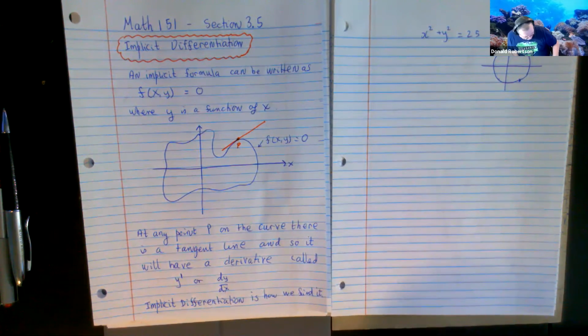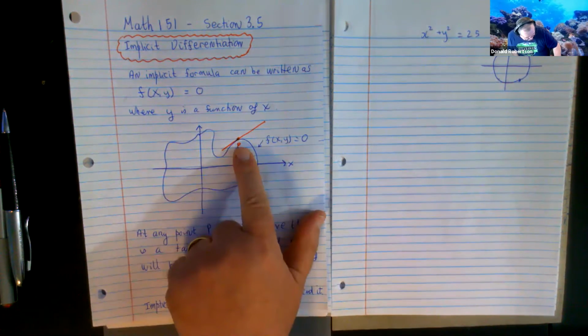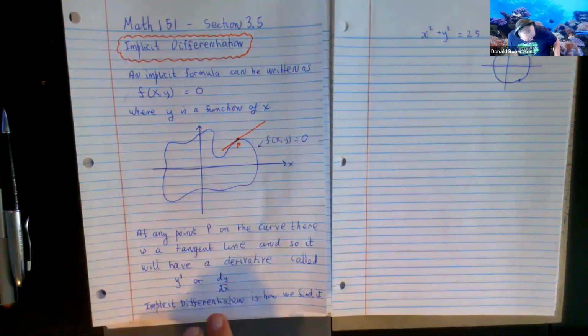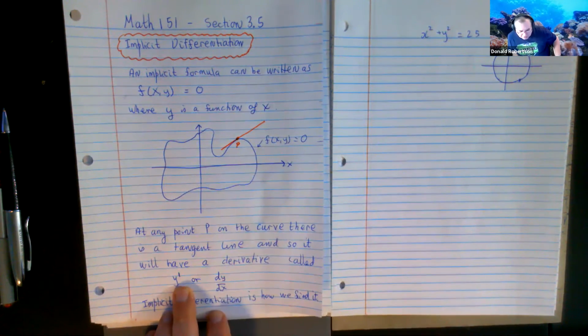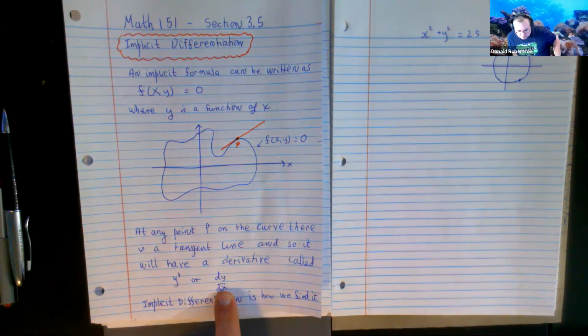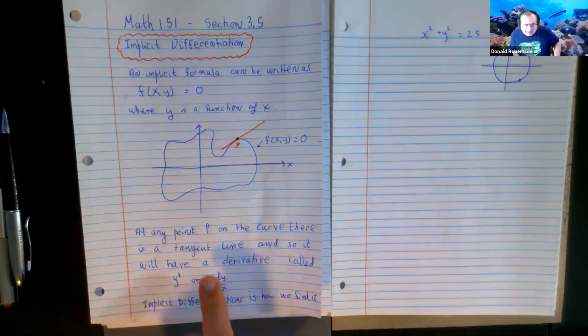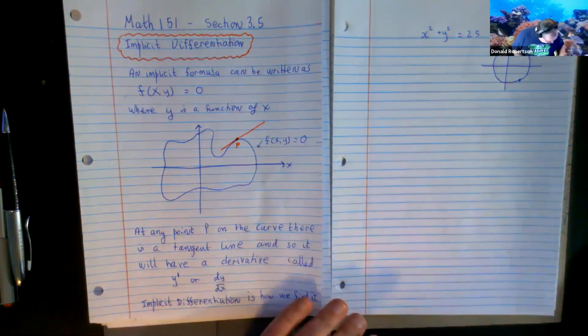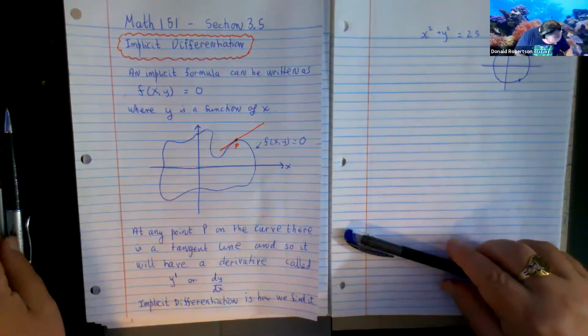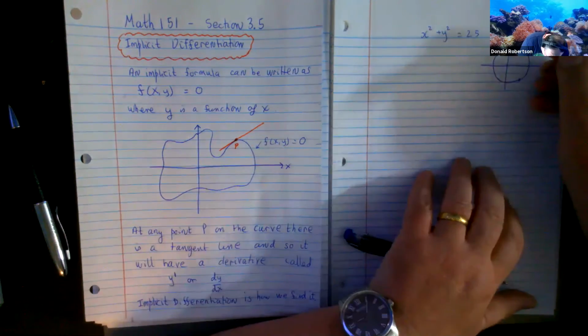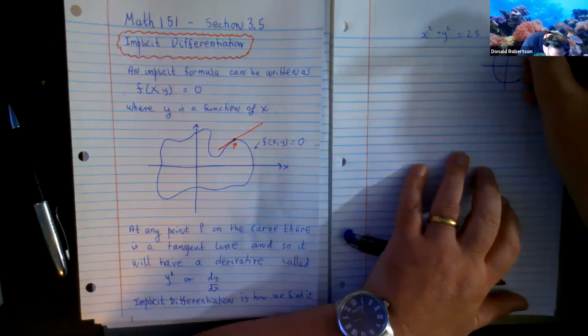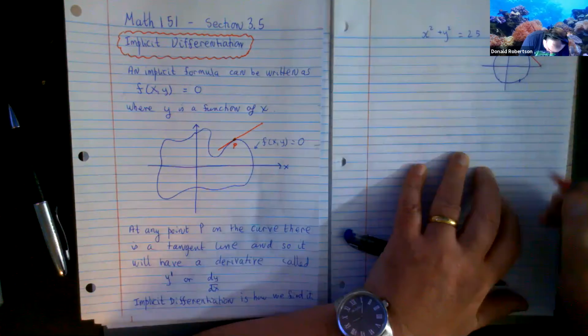And we are going to find the expression for the derivative at the point P. We could use y dashed, but I'm just going to use dy by dx. So we are going to find the derivative dy by dx of any implicit expression possible. Let's pretend that point P is where I'm trying to find the derivative.